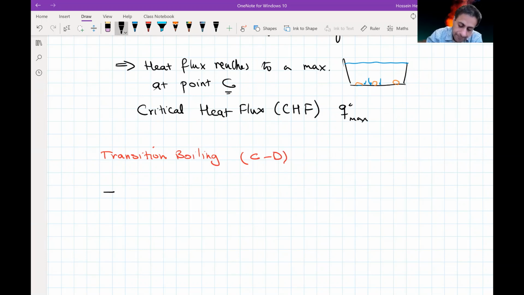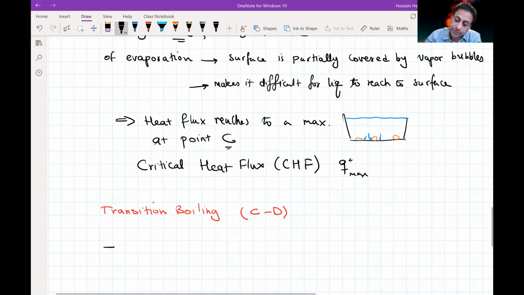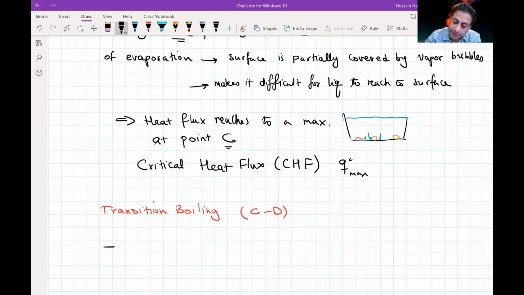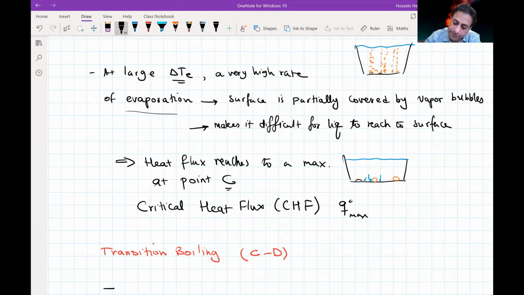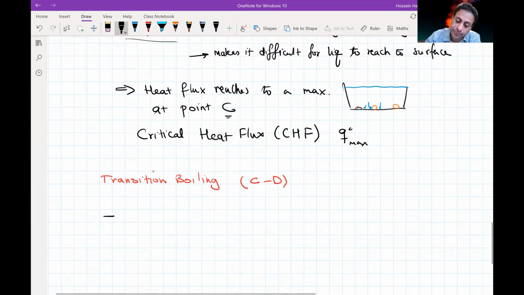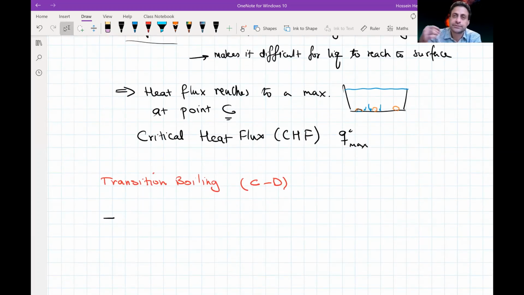Now, remember that when we were talking about nucleate boiling, as the rate goes high, we reached a really high rate of evaporation, and some of these bubbles start to stick to the surface, so the surface is partly covered by bubbles.